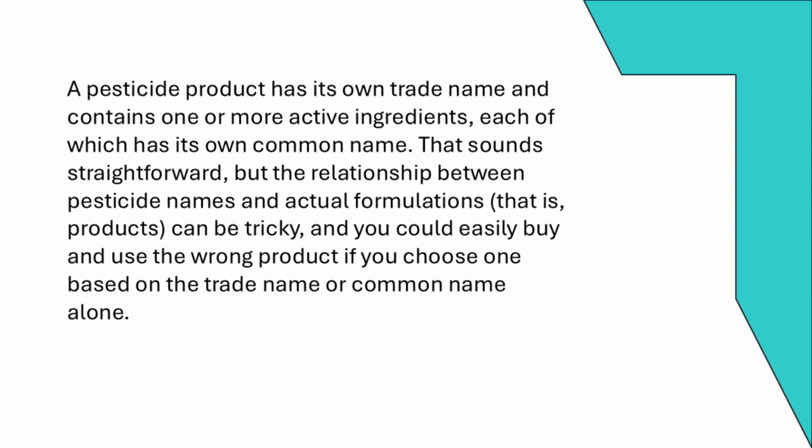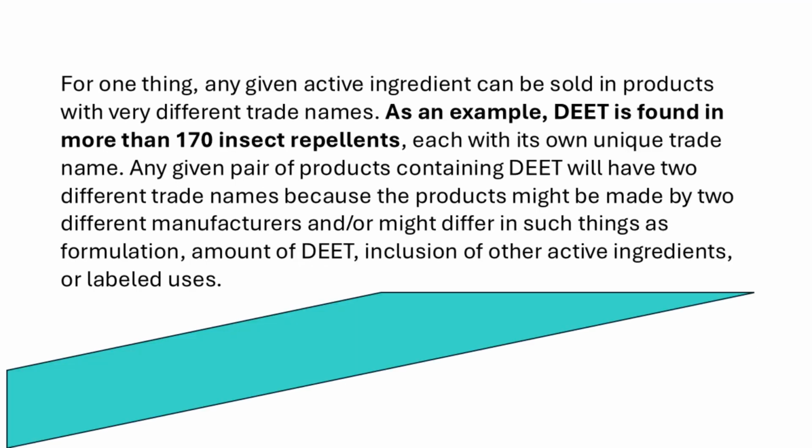You could easily buy and use the wrong product if you choose one based on the trade name or the common name alone. For one thing, any given active ingredient can be sold in products with very different trade names. As an example, DEET is found in more than 170 insect repellents, each with its own unique trade name.